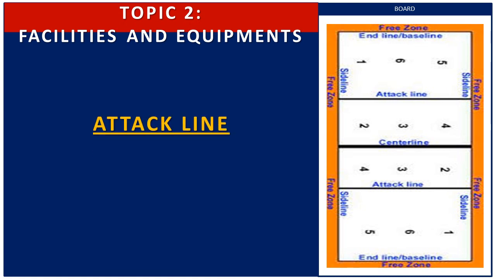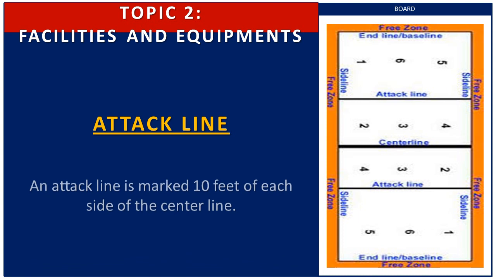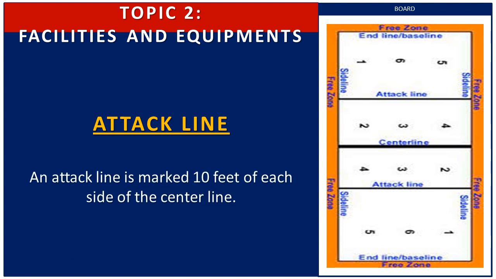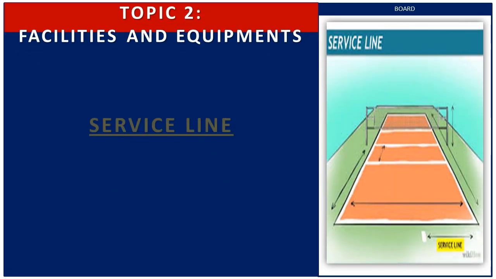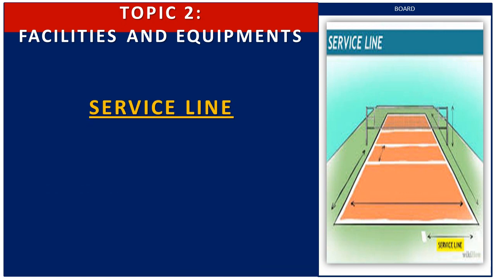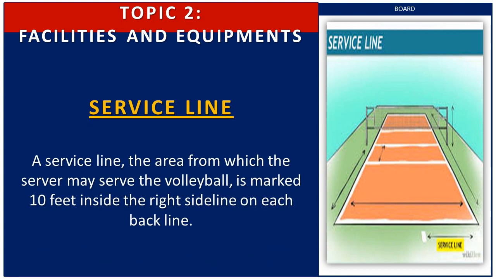Next is the attack line. An attack line is marked 10 feet on each side of the center line. Next is the service line. A service line is the area from which the server may serve the volleyball.